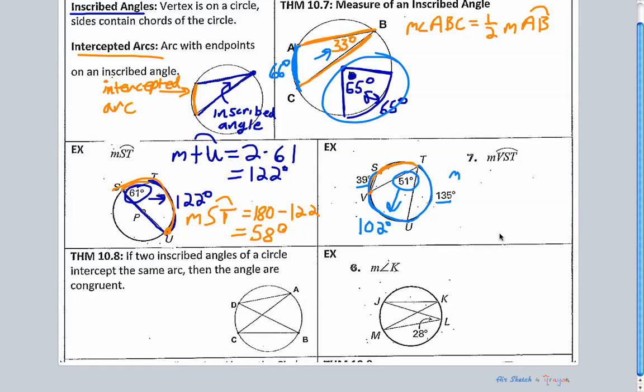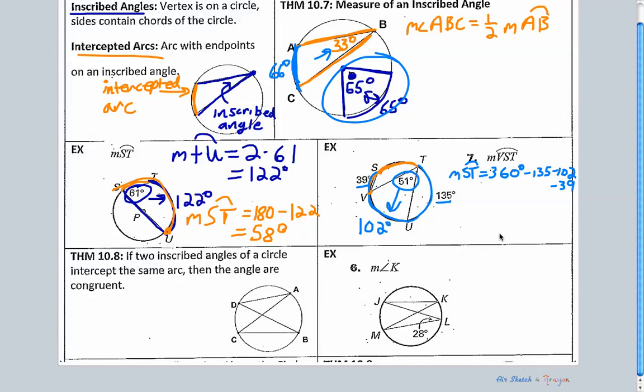The measure of ST equals 360 minus 135, minus 102, minus 39.